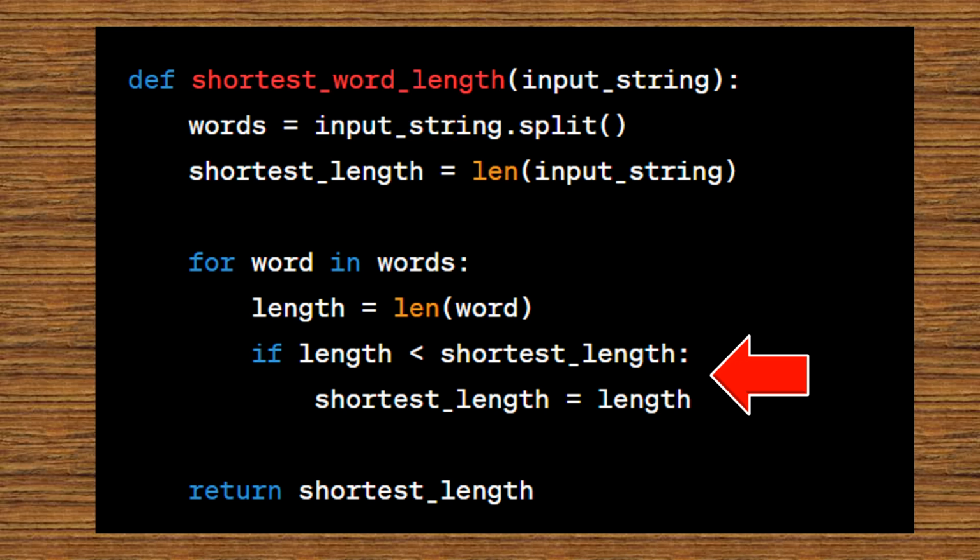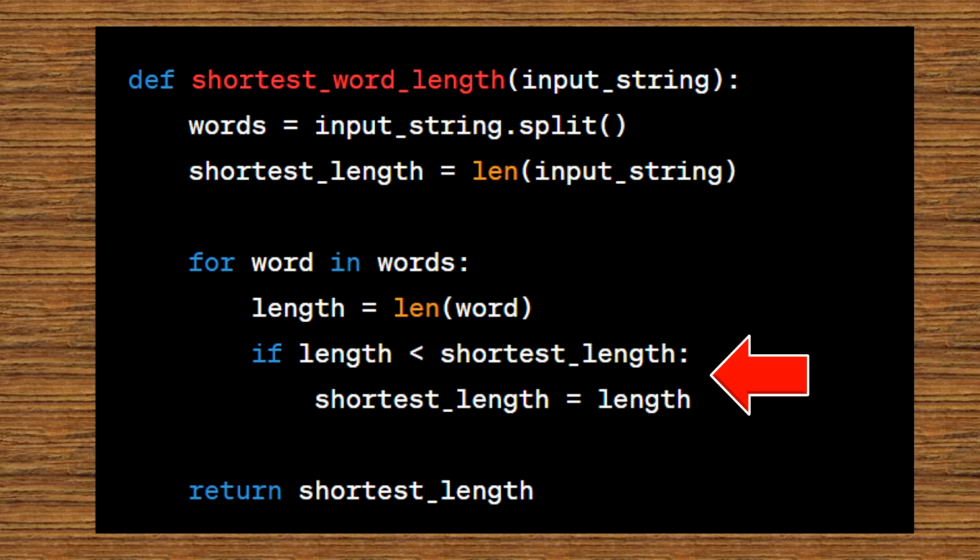The comparison length less than shortest_length determines whether the length of the current word is shorter than the current shortest length. If a word is indeed shorter than the current shortest_length, we update shortest_length to be equal to the length of that word. This way, we keep track of the shortest length we have encountered so far.